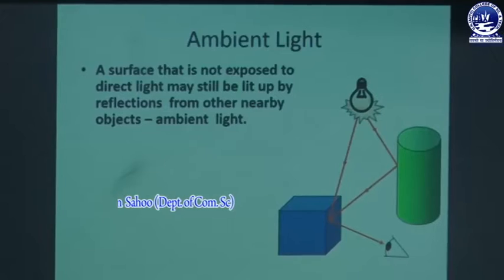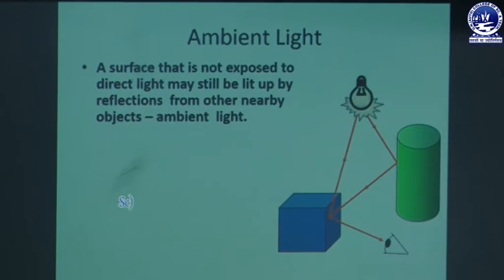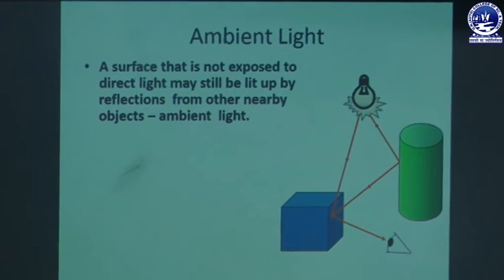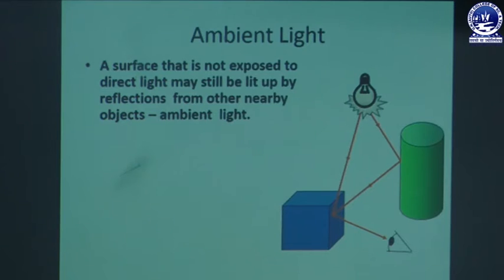This type of model is known as ambient light. The ambient light has no directional or spectral characteristics. That means the amount of ambient light incident on each object is constant for all surfaces and all directions, and the amount of ambient light reflected depends on the properties of the surface.